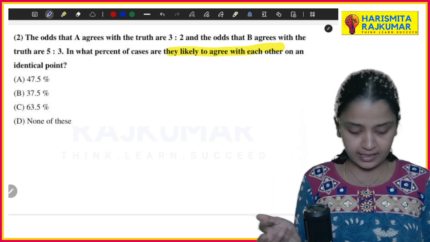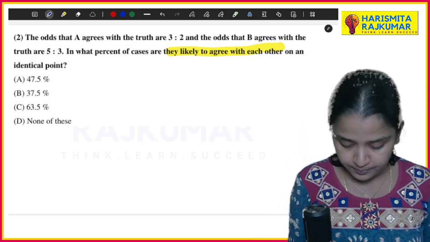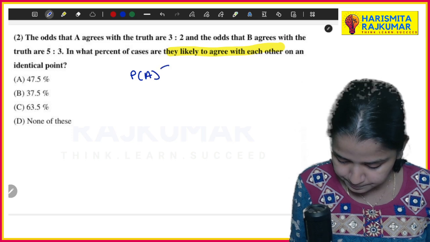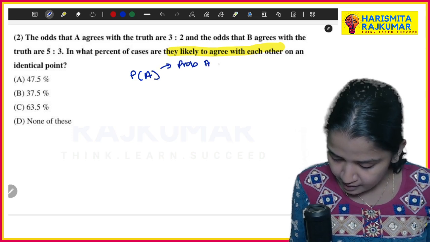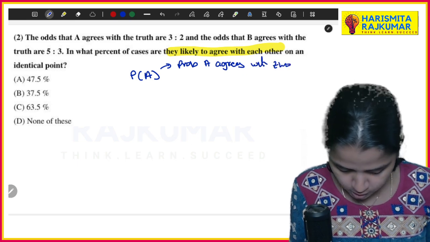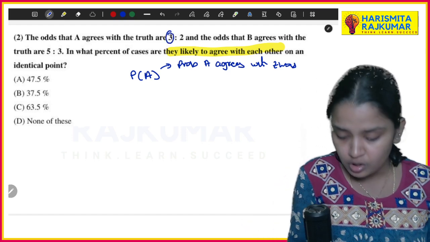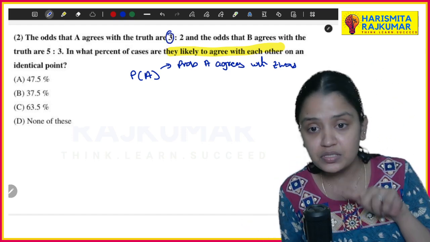Basically, the probability that A agrees with truth. So these are the ratios: 3 is agreeing, 2 is not agreeing.